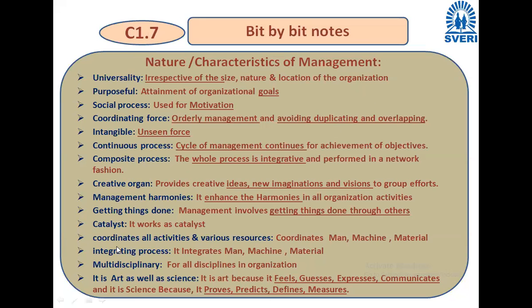The next one is coordinating all activities and various resources. What are the resources in industry? Man, machine, material, right? So management coordinates all activities in the industry along with the various resources. Then the next one is integrating processes. Here, what it integrates, I think some spelling mistake is there.